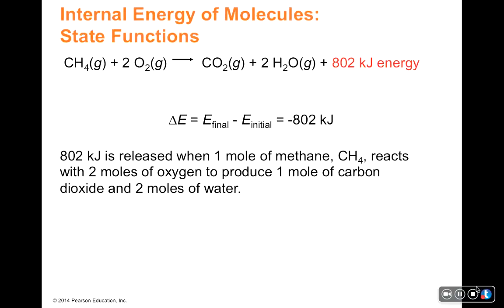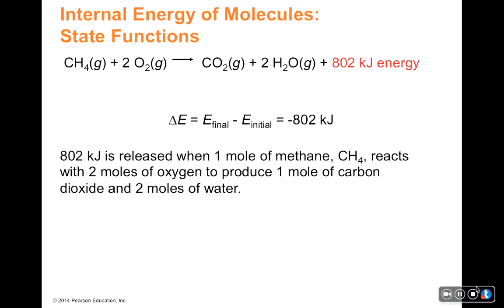So methane combusting in oxygen, producing carbon dioxide and water, also releases 800 kilojoules of energy. So when it's written on the right-hand side, as you see here, that's to indicate that that energy is given off by the reaction. Alternatively, we could write it on the left-hand side of the arrow with the reactants, and that would indicate the amount of energy that's required by the reaction, or absorbed by the reaction is another way to word that.